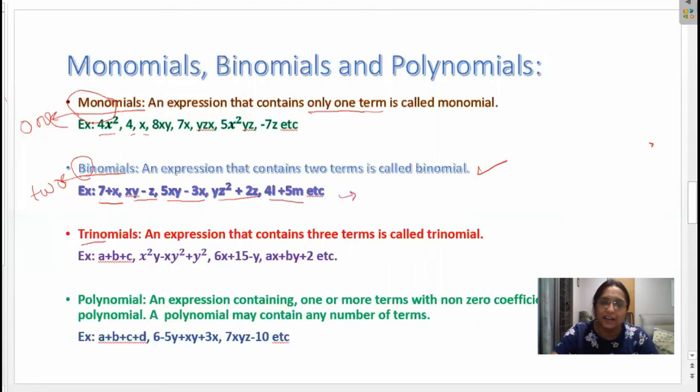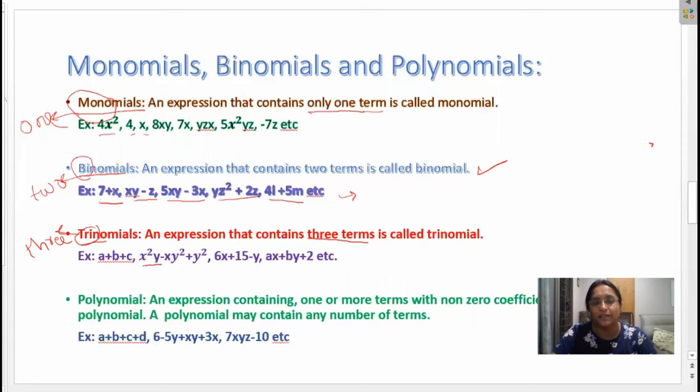Next, trinomials. Tri means three. So an expression that contains three terms is called a trinomial. Three terms will be there. For example, a plus b plus c.